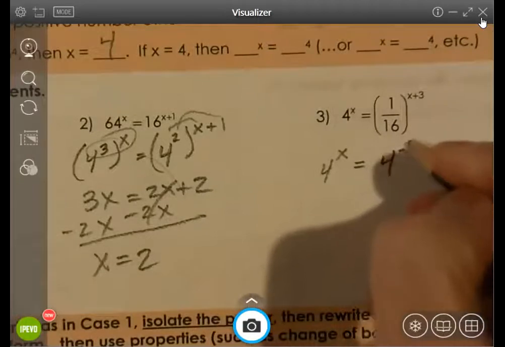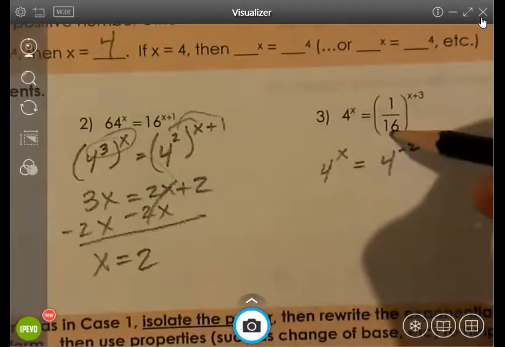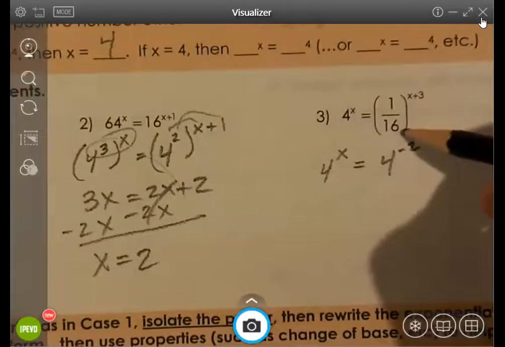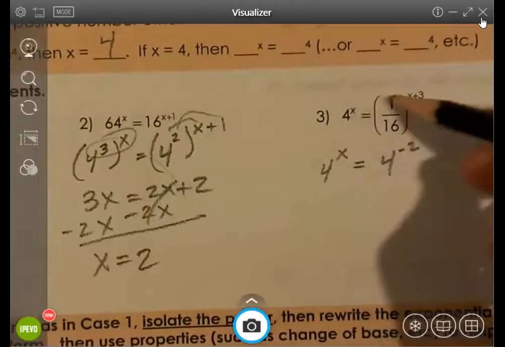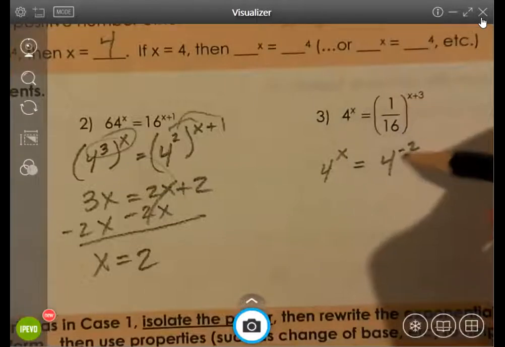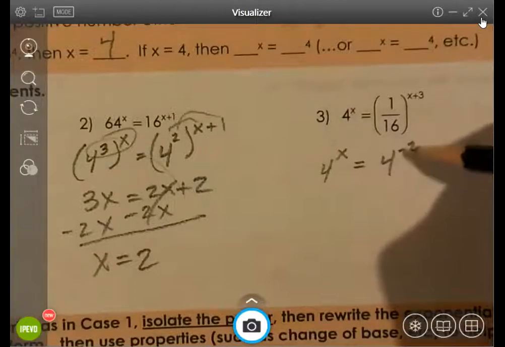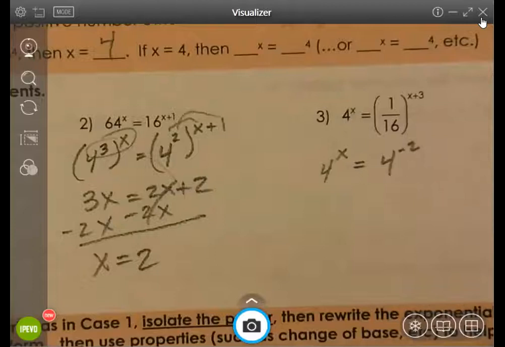Here, to be 16, we're going to say 4 squared. That's 16. Then to bring it out of the denominator, we're going to make it a -2. Because 4 to the -2 power is the same thing as 1 over 16.